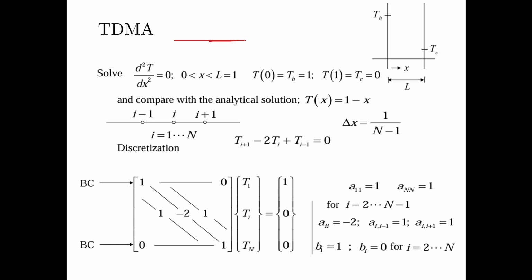If I take the first element, second element, and third element, and I am discretizing this distance as delta x. So my delta x is 1 upon n minus 1, where n is the total number of elements I'm discretizing this into.